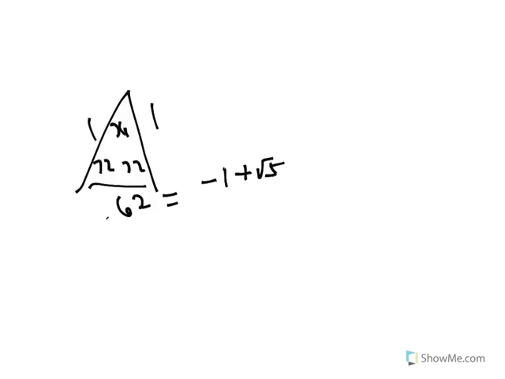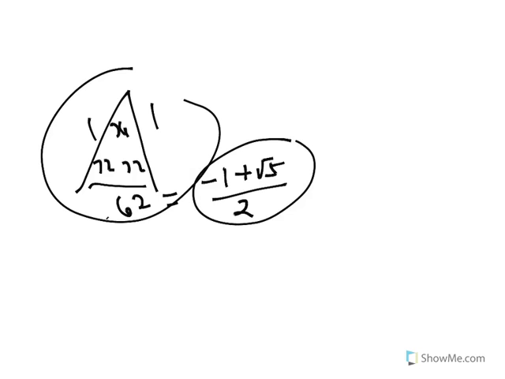So before we had a 36, 72 triangle, which was 1, 1, and 0.62. That 0.62 was minus 1 plus square root of 5 over 2. So if I want to create this thing, I'd want to create this number, and a sneaky way to do that is to get a square root of 5, so I make a triangle with a 1 and a 2 there, and that would make this the square root of 5.